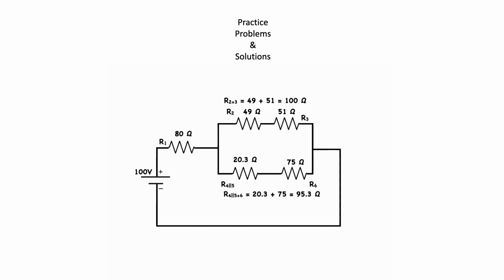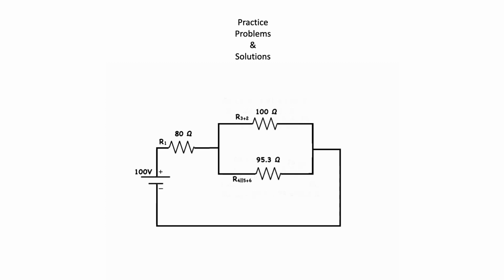We can now replace the circuit to look like this. We are now left with the equivalent circuit here. So all that is left is to work out the effective resistance of the parallel combination of R4 parallel to 5 plus 6 and R3 plus 2, which works out to 48.8 ohms.